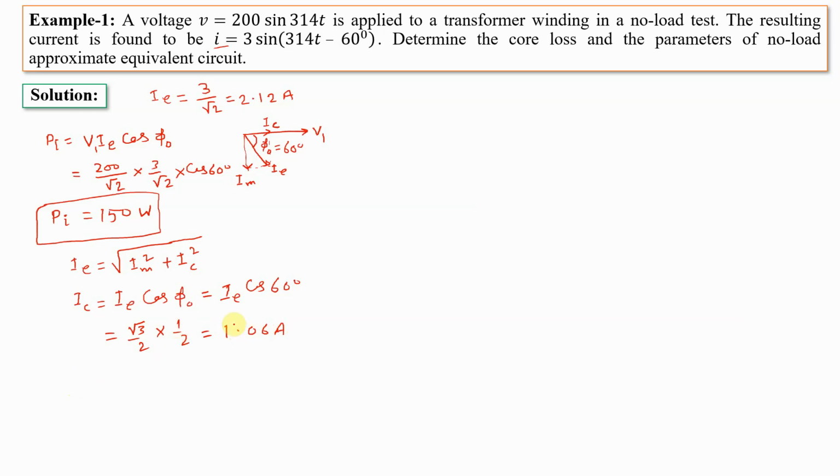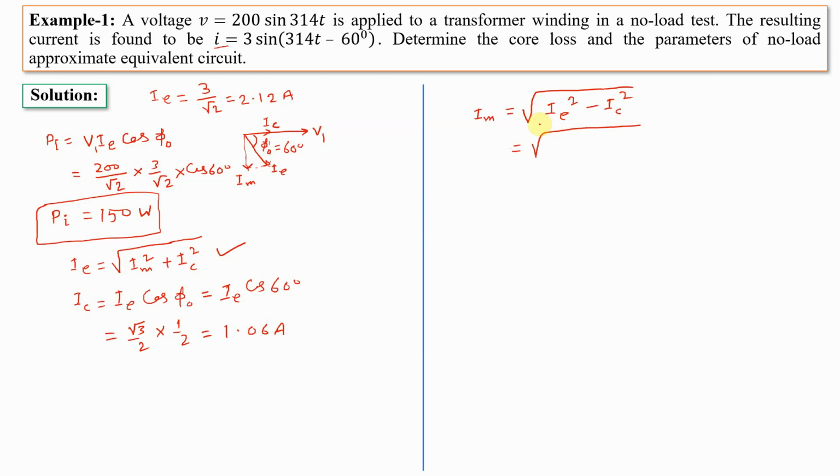Similarly, the magnetizing current will be IM, and from this relation we can write IM is equal to square root of IE square, that is the exciting current, minus IC square, that is the core loss component. Here the value of the exciting current is 2.12, the RMS value.